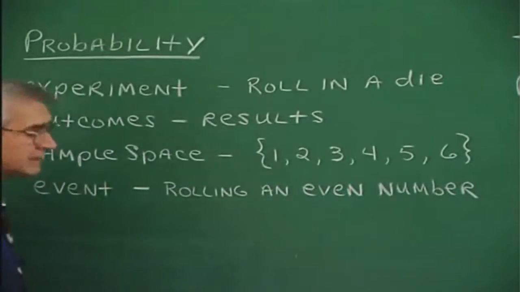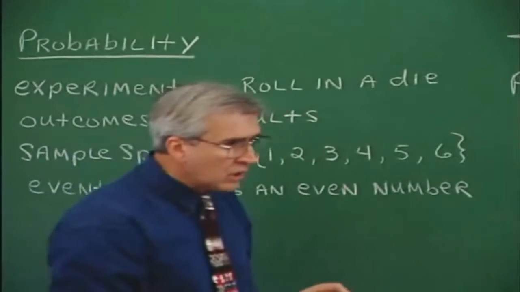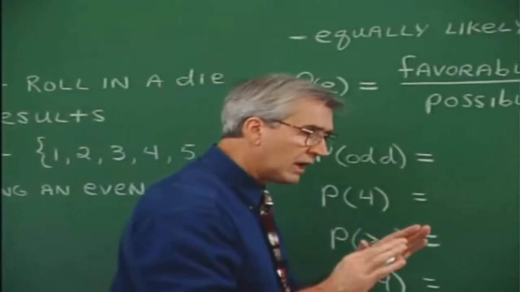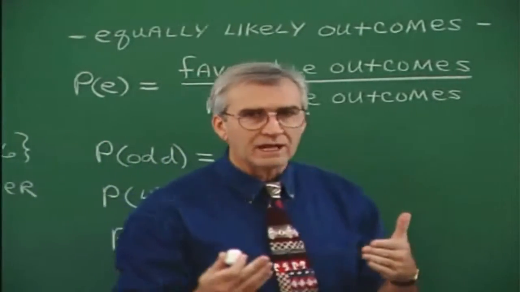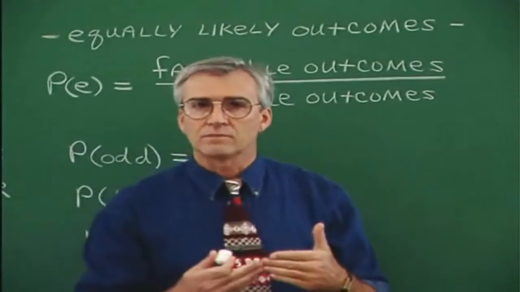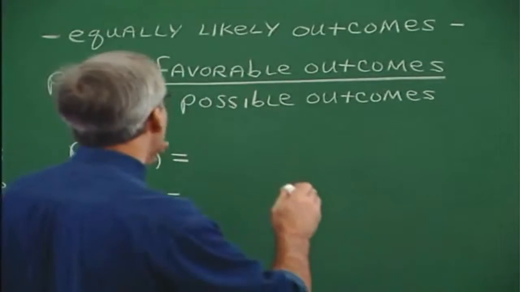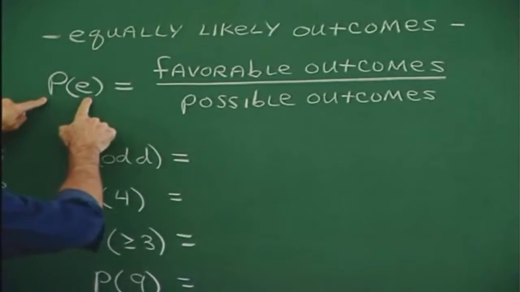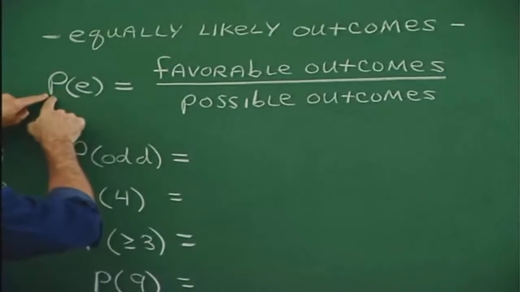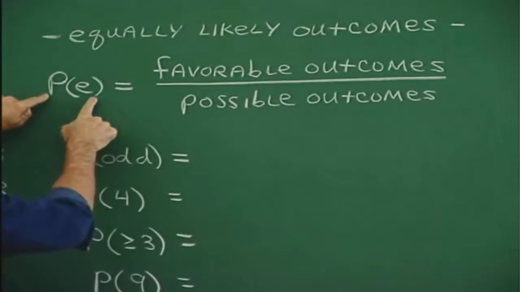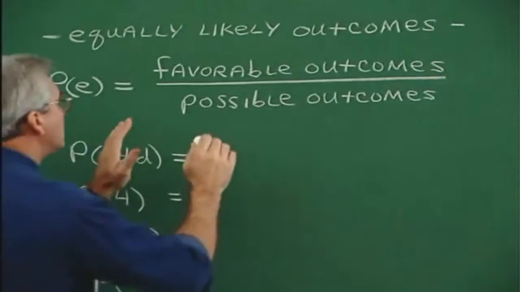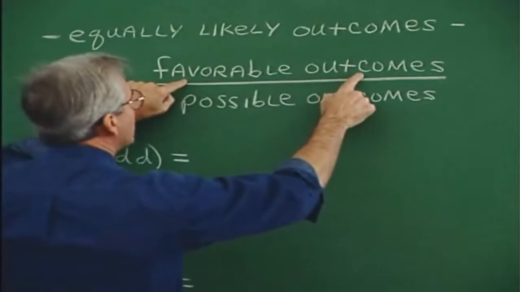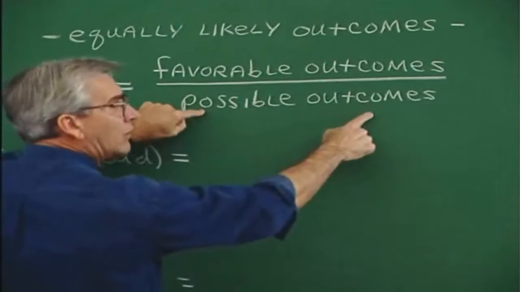Well, with this in mind, we are talking about an experiment here that has equally likely outcomes. And when we have equally likely outcomes, the probability of some event, and notice the notation here, probability of some event, is just the fraction favorable outcomes divided by possible outcomes.